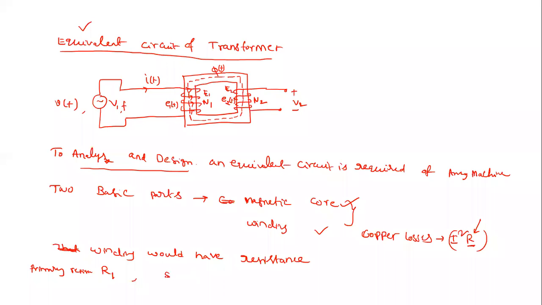On the secondary side, it has the secondary resistance, that is R2. I hope you got it: the windings have resistances R1 and R2. Those who want to take a screenshot can take it.